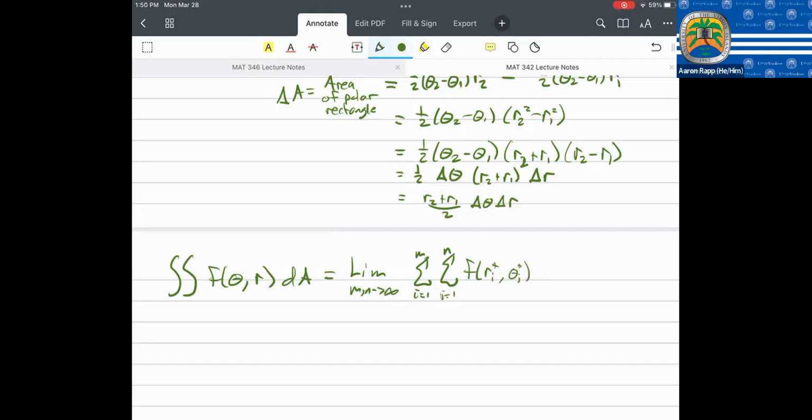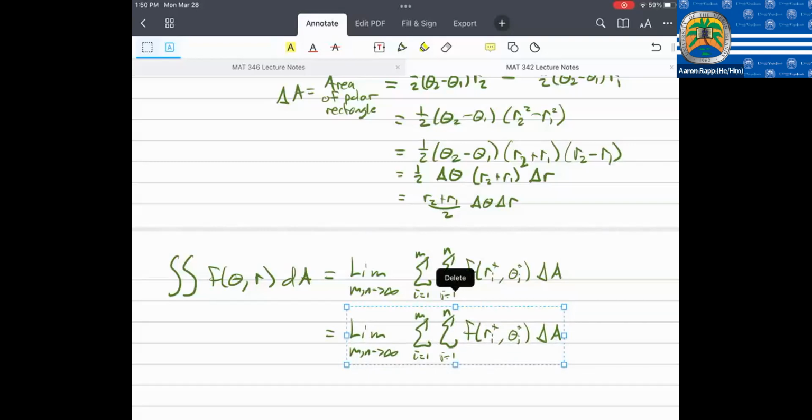And then you're multiplying it by the change in the area. So you get your height and the base area, that's going to give you your volume. But we just said that change in the area is defined as R2 plus R1 divided by 2, really kind of the average of these two radiuses, the midpoint between them, times your change in theta and your change in R.